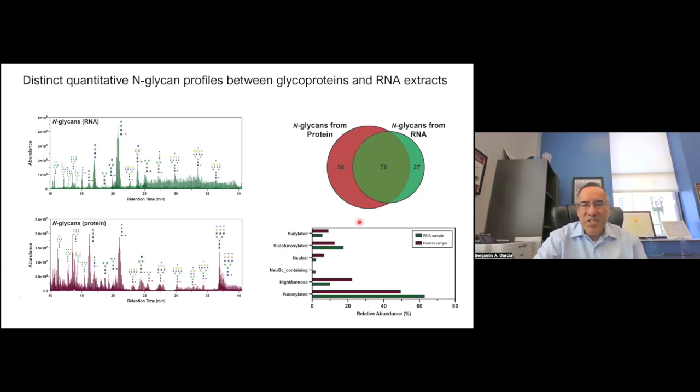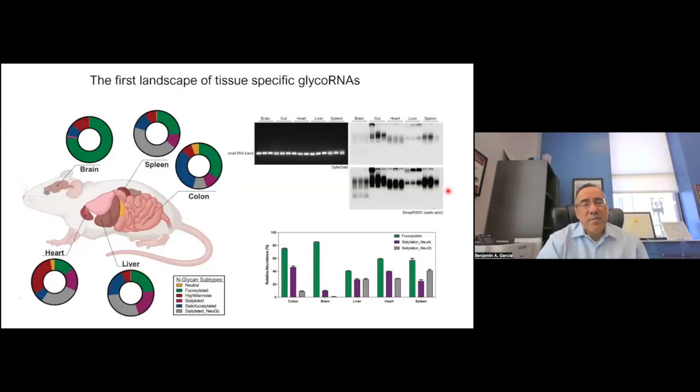In general, RNA samples are enriched a little bit more with certain oligosaccharides, these fucosylated RNA oligosaccharide molecules.